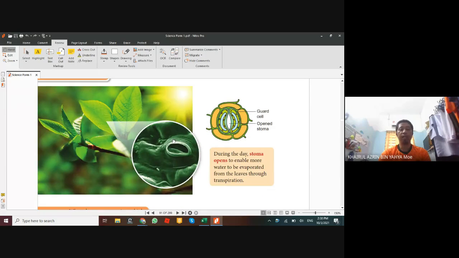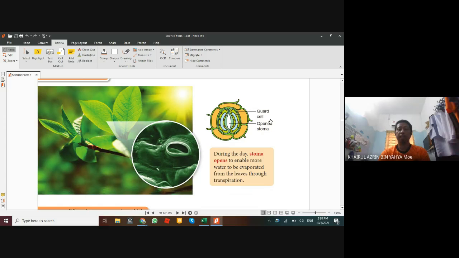This is stoma on the leaves here. This is the leaf. Stoma is actually very small. So during the day, stoma opens to enable more water to be evaporated. Evaporated itu tersejat, kering. From the leaves through transpiration.